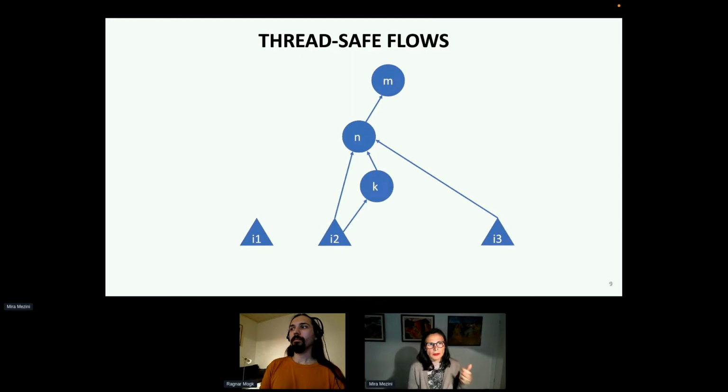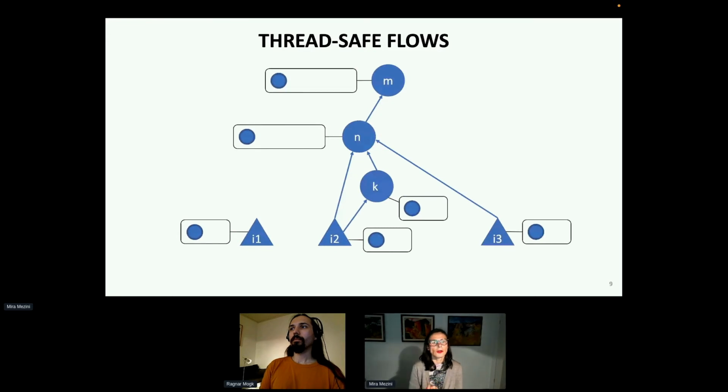Now, the graph maintains not one value per node, but several values of each node. You could say values at different points in time, or one value per concurrently running change flow. The blue ones shown in the slide are the current value of each node at a certain point in time.